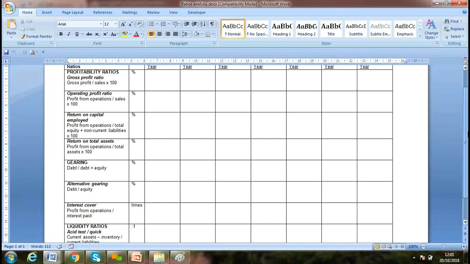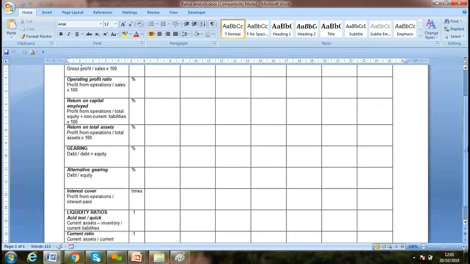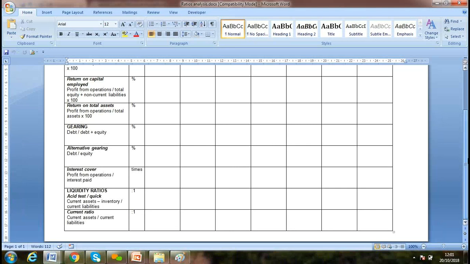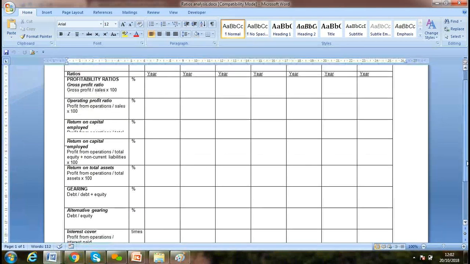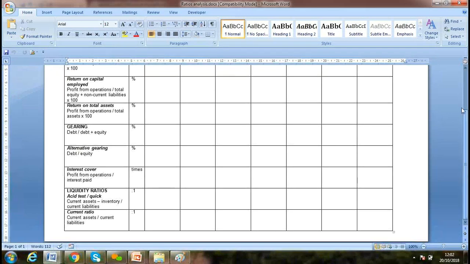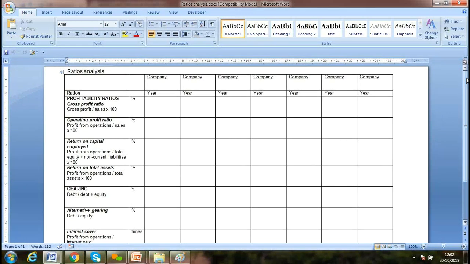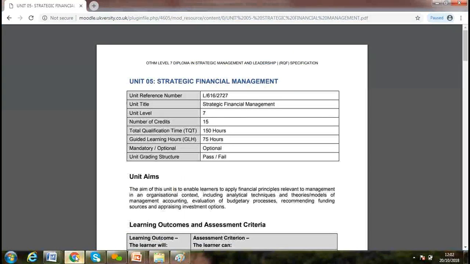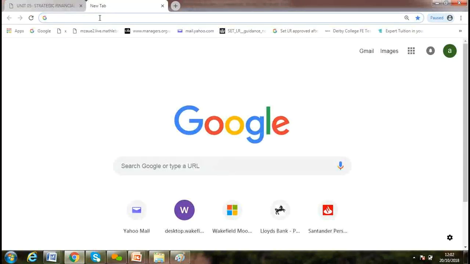Profitability ratios, then gearing ratios, then liquidity ratios. We can calculate the use of resources ratios as well. These are the ratios you can calculate. As many as you can will be great.